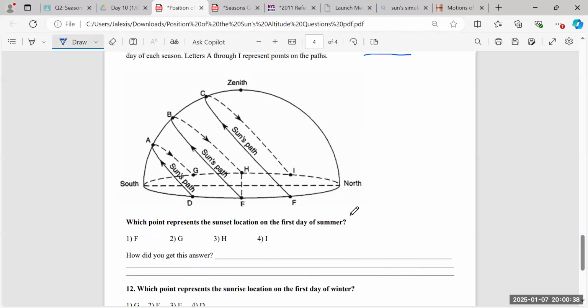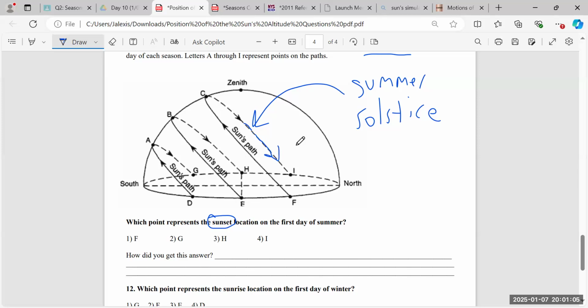All right. Well, we know the path where the sun travels the highest is going to be the summer solstice, the first day of summer. And the fact that we know it's sunset means it's when the sun is going back down, which is where I is right here.